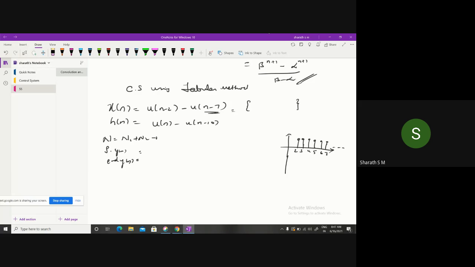U of n minus 7 means 7 to infinity. We need to subtract these two, so from 7 to infinity it will be 0, since 1 minus 1 is equal to 0. So now we have samples at 2, 3, 4, 5, 6.